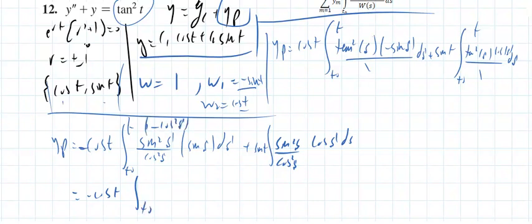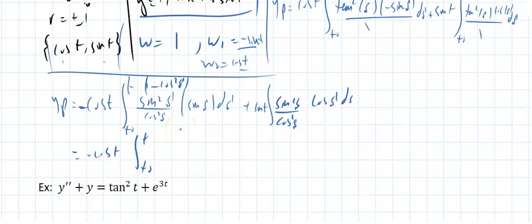So this is going to be t naught to t. So that's going to be 1 divided by cosine. So that's sine of s divided by cosine squared of s. And cosine over cosine is 1 minus sine of s ds.